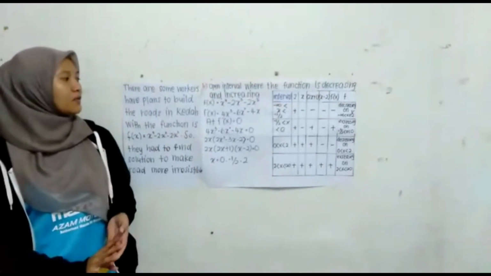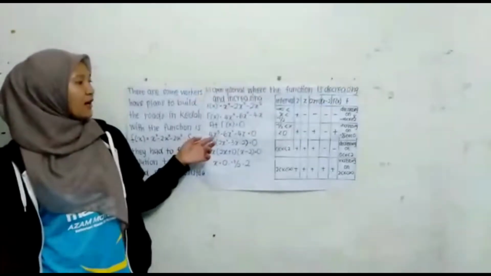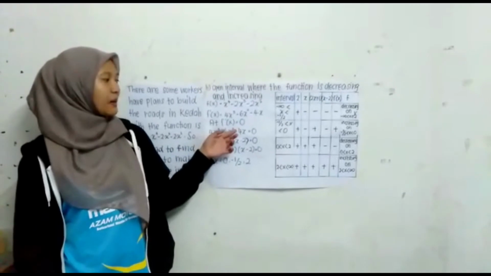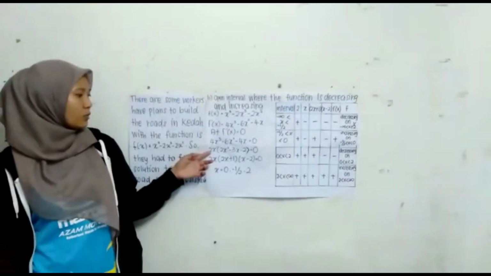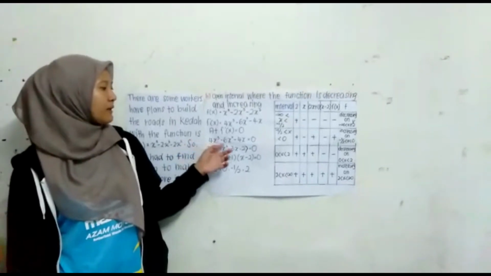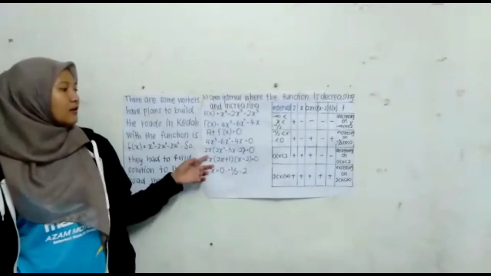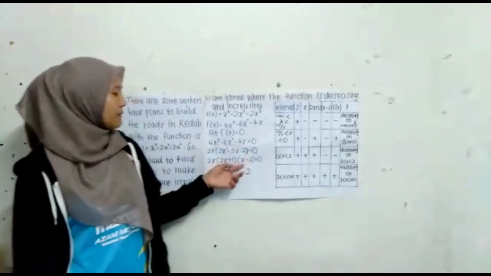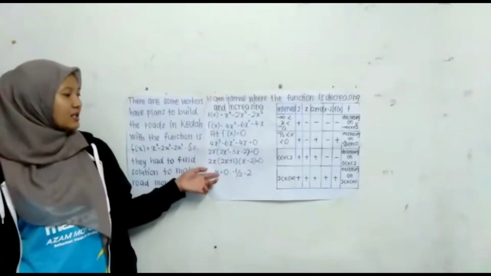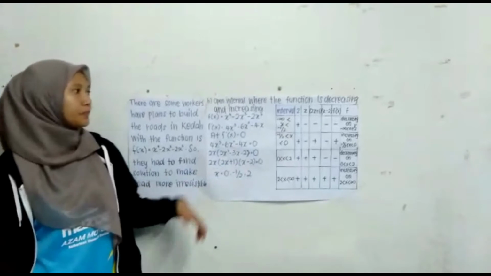The second step, we must set f prime x equal to 0, which is 4x to the power of 3 minus 6x to the power of 2 minus 4x equal to 0. Then we simplify this equation, and the last step, we factorize it. Then we get x equal to 0, negative 1 over 2 and 2.